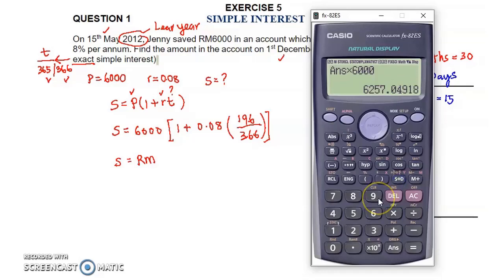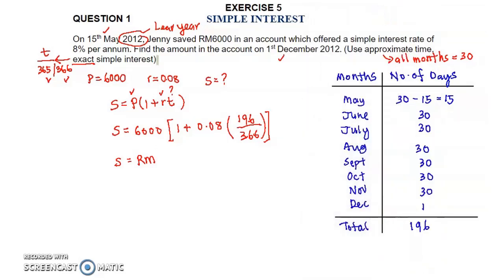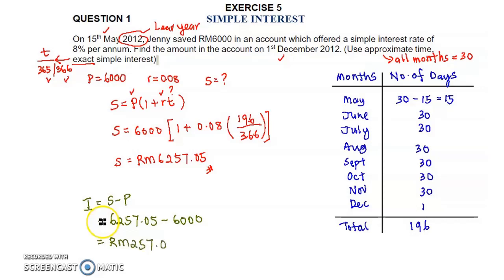So equal to 6257.05, rounded off to 2 decimal places. If the question asks you to find the amount of interest, I equal to S minus P. So 6257.05 minus principal 6,000 ringgit. So the interest will be RM257.05.